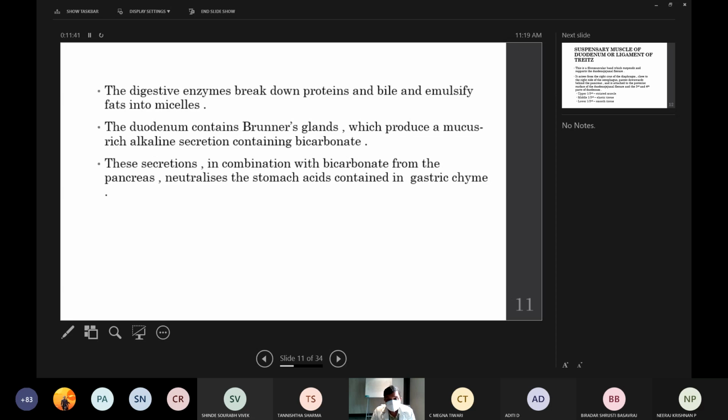Those glands are called Brunner's glands, which produce a mucus-rich alkaline secretion containing bicarbonate. These secretions, in combination with bicarbonate from the pancreas, neutralize the stomach acids contained in the gastric chyme.